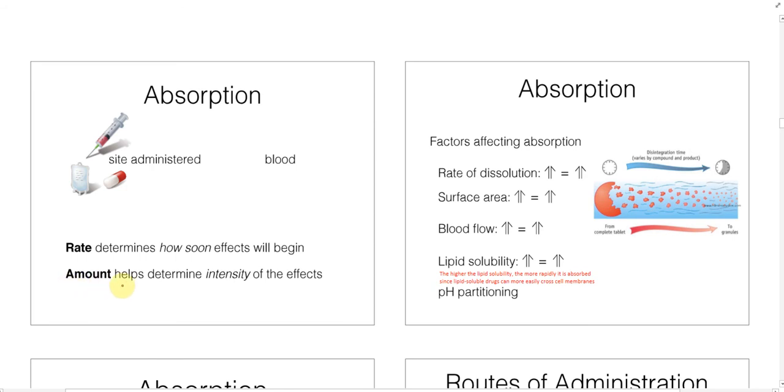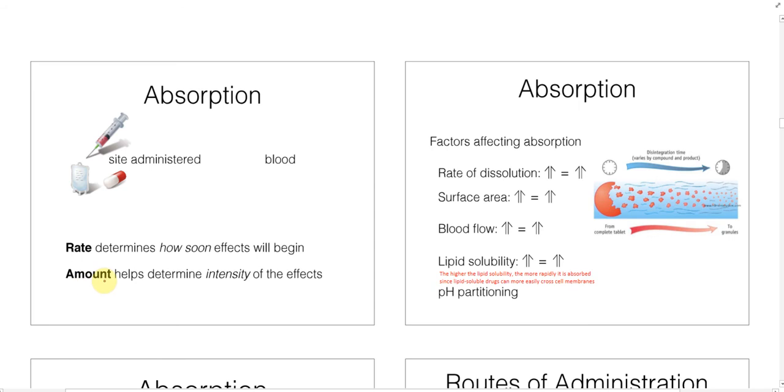The amount of the medication will help determine the intensity of the effects. So regardless of how you take it, let's say an IV of an opioid of some form like fentanyl, the rate, because you're giving it via IV, is going to be very quick because that's going straight into your circulatory system.